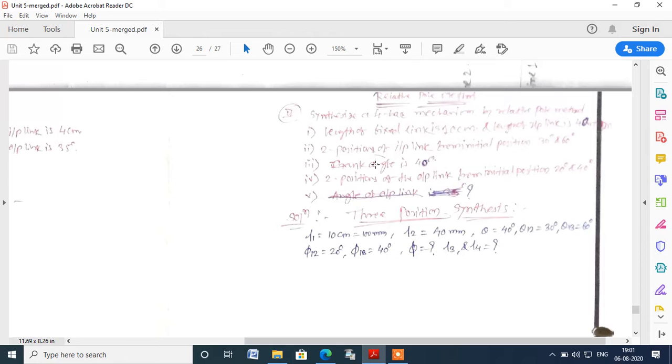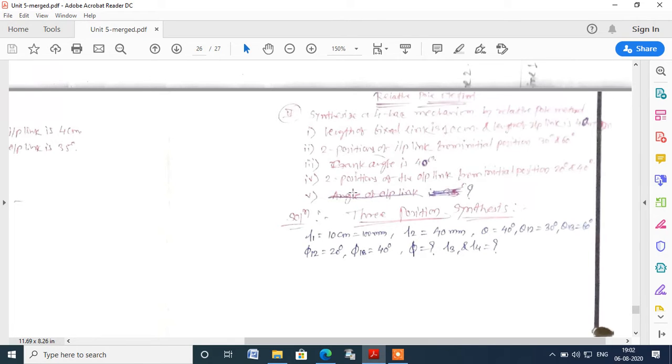using the following data. Number 1, the length of the fixed link is 10 cm and the length of the input link is 40 mm. Then next, two positions of the input link from the initial position are 30 degrees and 60 degrees.